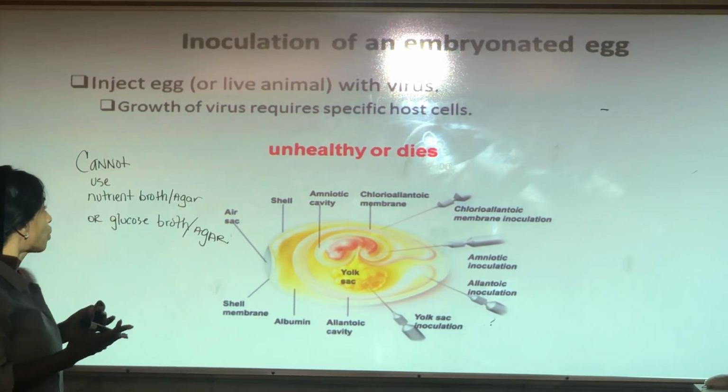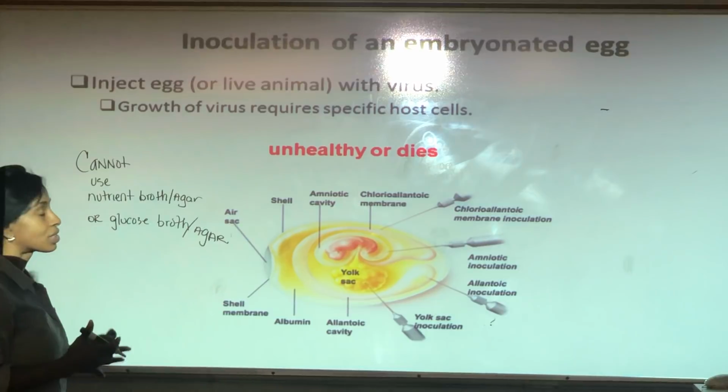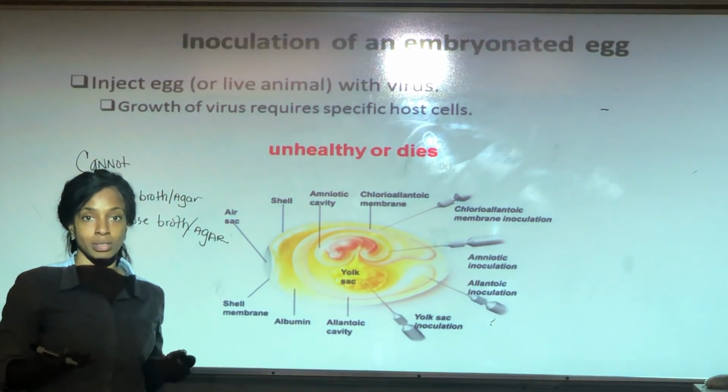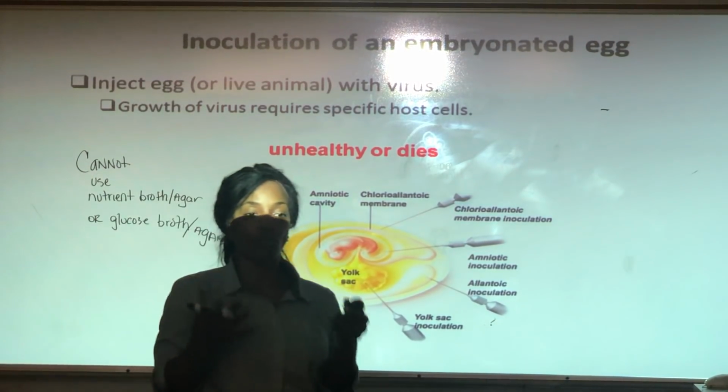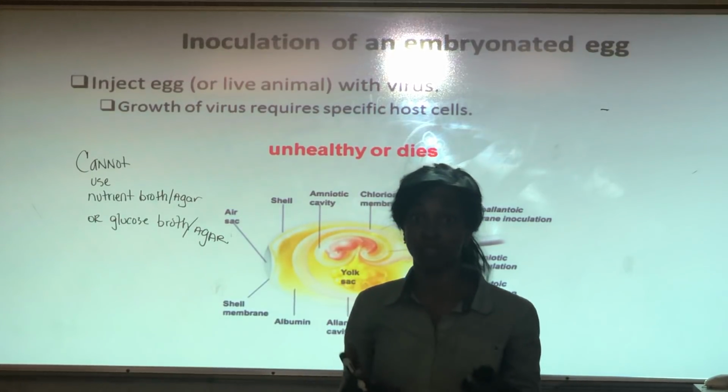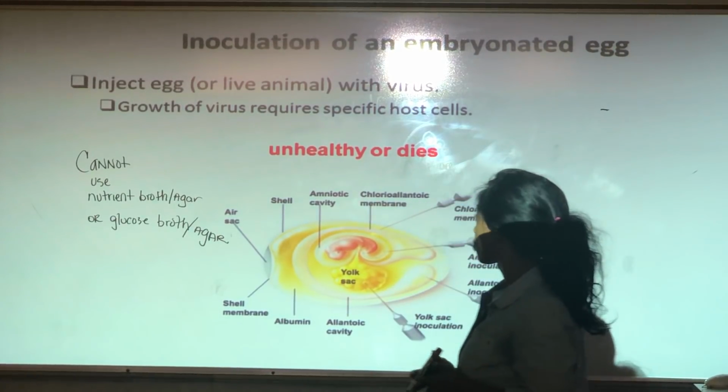So how do we grow them? In order to grow viruses, we need host cells. We have to provide them with their specific host cells in order for them to reproduce.